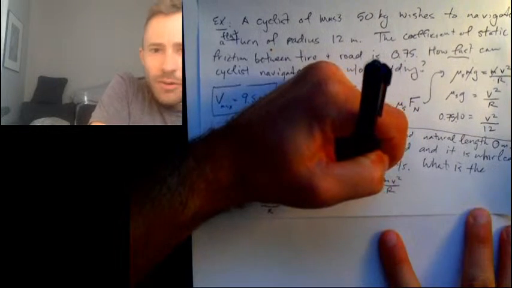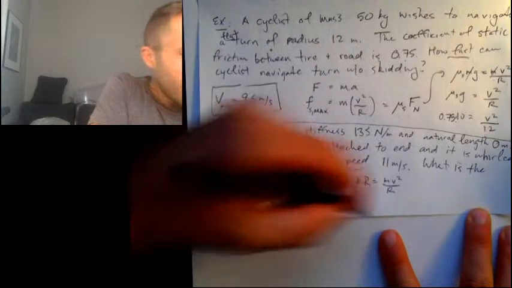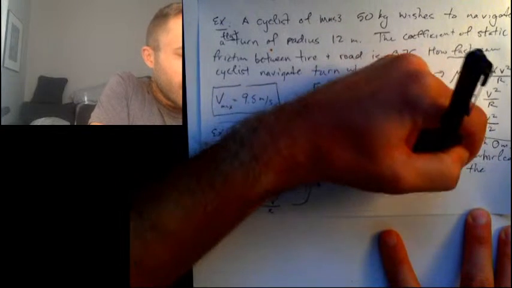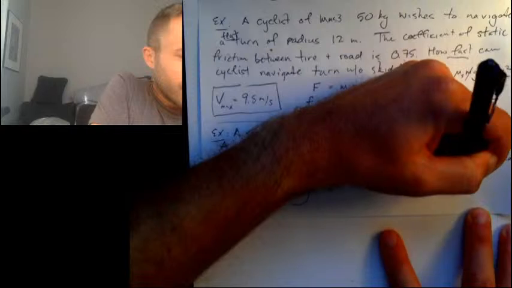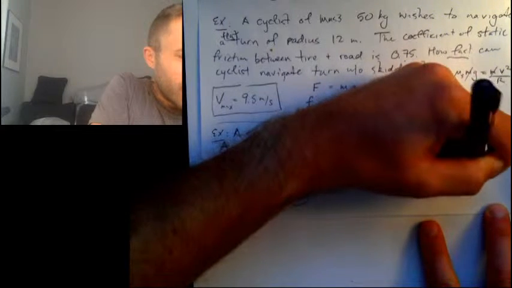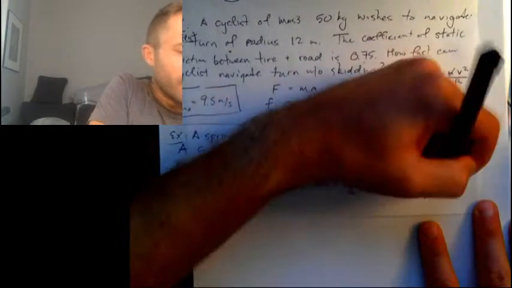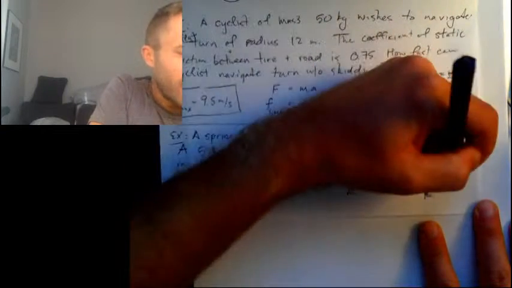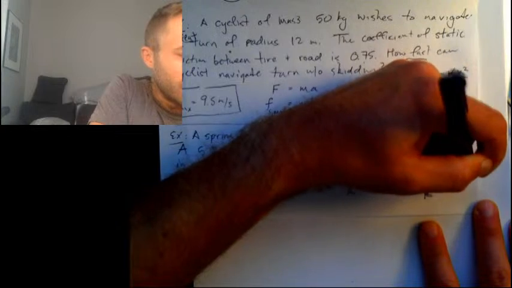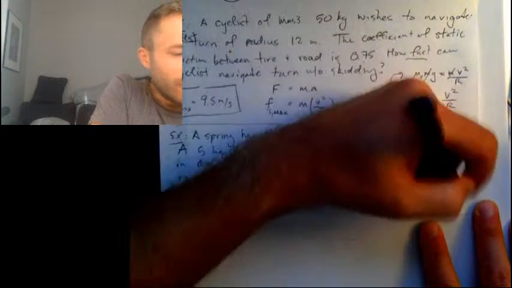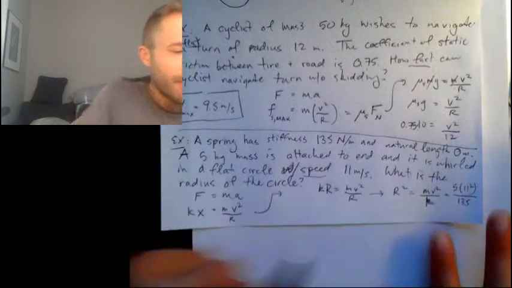So if I rearrange this, I get r squared equals mv squared over k. So now I can plug in numbers. The mass is 5, the speed is 11, the k value is 135.